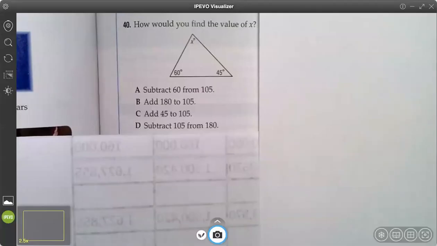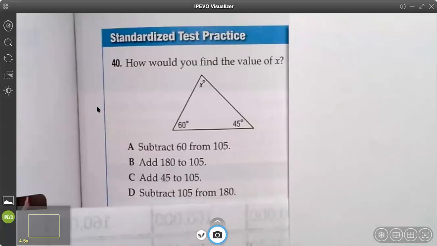Okay, we just have two more slightly easier ones. They are multiple choice. Think about how you would answer number 40, A, B, C, or D. Subtract 60 from 105, that would do no good. Add 180 to 105, that'd give us more than 180 degrees.